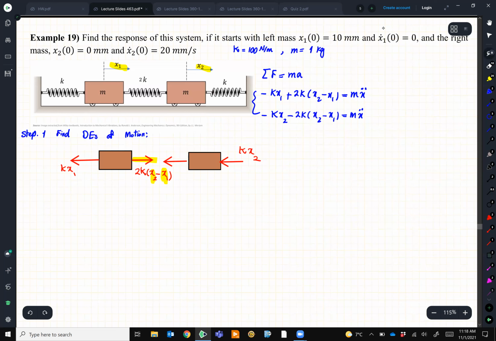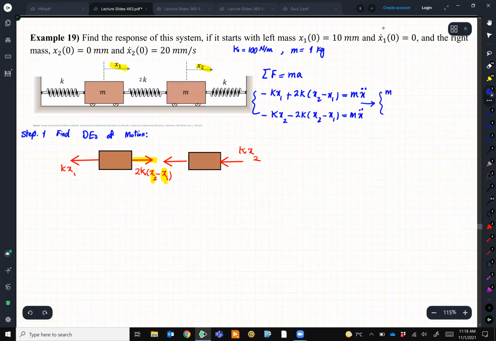So it will give me m x double dot, this one, and then we have 3k x1 minus 2k x2 equal to 0. And this one, m x double dot, then 3k x2 and minus 2k x1 equal to 0.